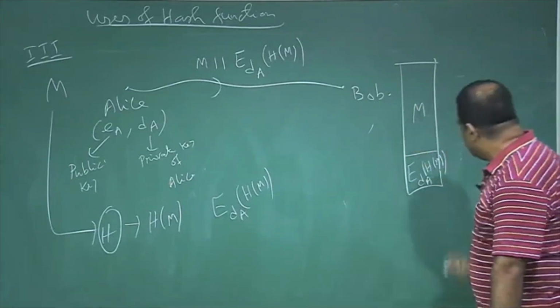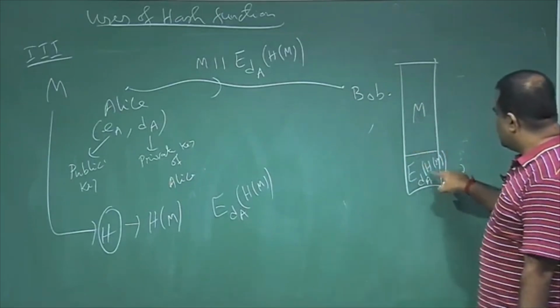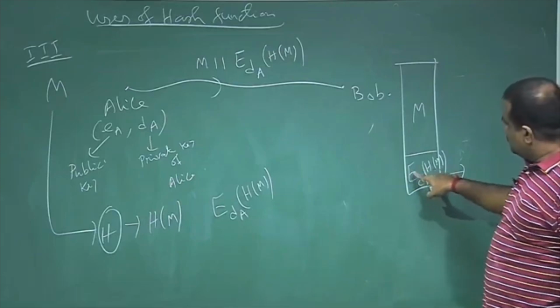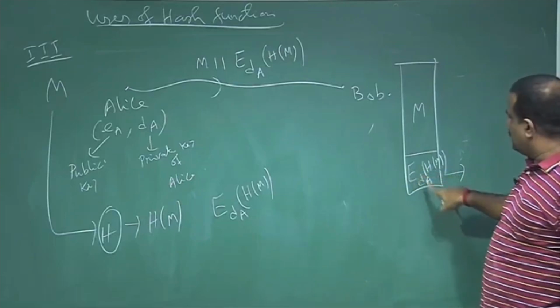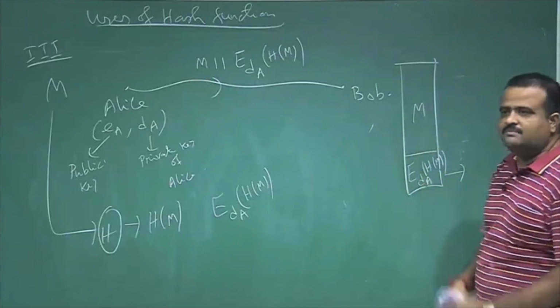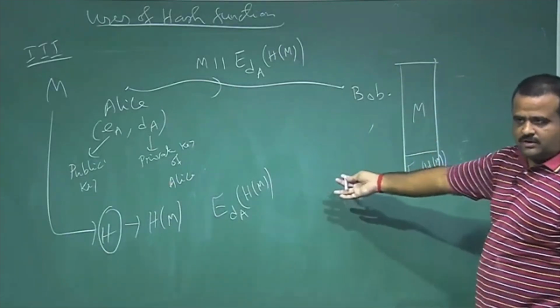Okay, so what will Bob do? Bob will first get it back. That means Bob has to apply the inverse of this using Alice's public key, which is known to everybody. Though this can be done by another party also, Oscar also.